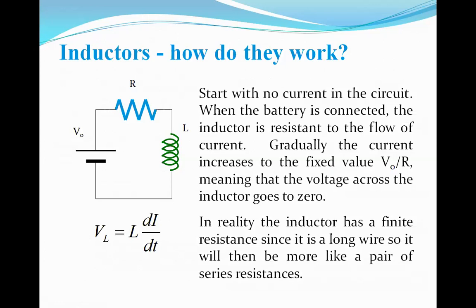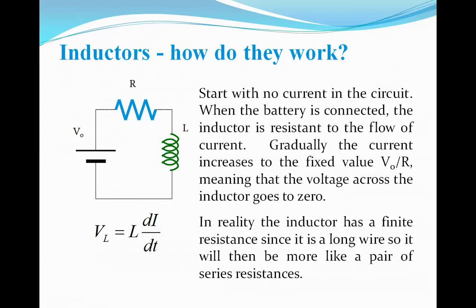And if you find the potential difference across the inductance, it will be L di by dt. How does it come? Whenever the current passes through the inductor, a varying magnetic field will be produced around this particular coil.